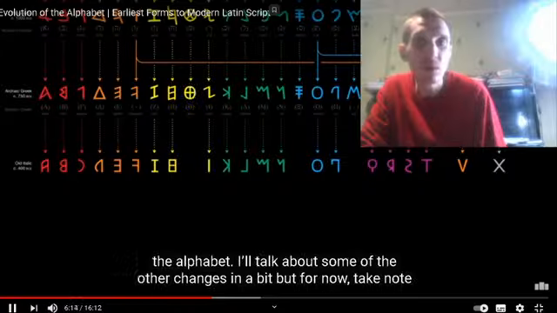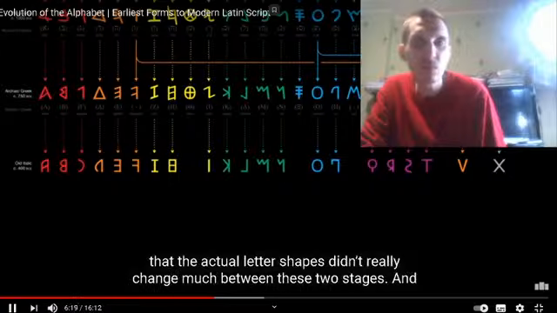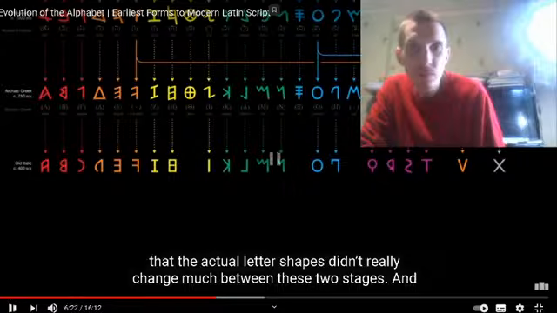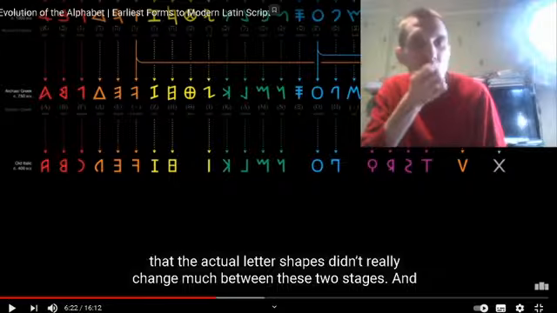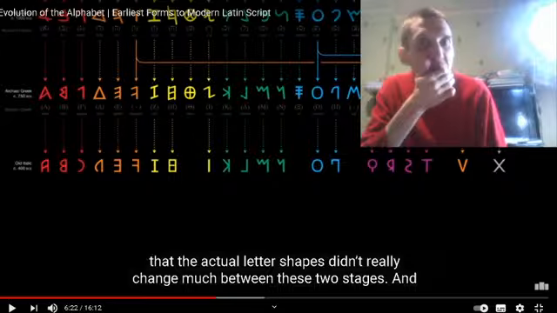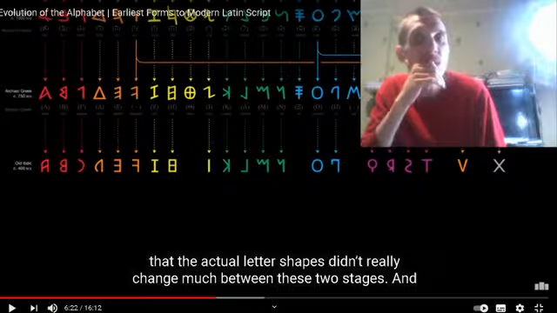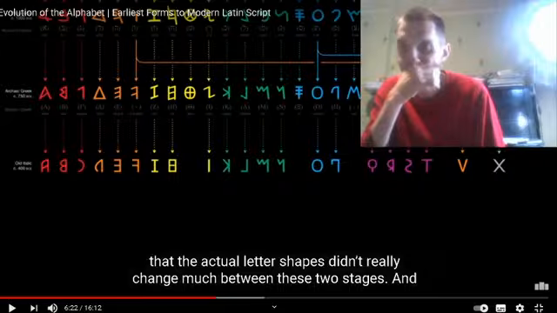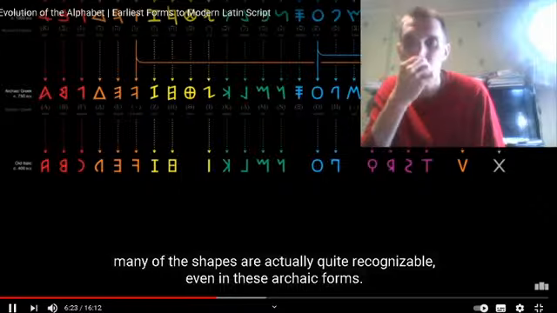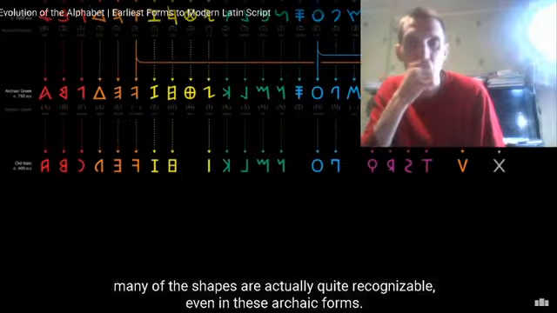I'll talk about some other changes in a bit, but for now, take note that the actual letter shapes didn't really change much between these two stages. And many of the shapes are actually quite recognizable, even in these archaic forms.